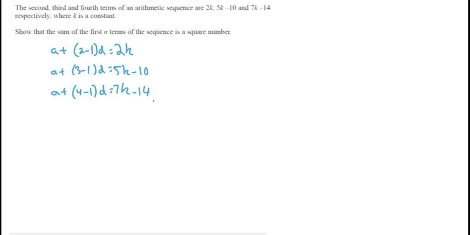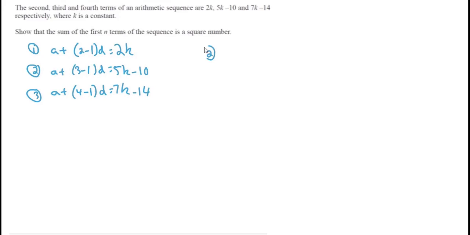Now, once again, we're in a situation which is sort of like simultaneous equations, but this time we have 3 unknowns, as has already been stated. So we're going to have to treat this slightly differently. We can still start by trying to take equations away from each other. So let's label these equation 1, equation 2, equation 3.